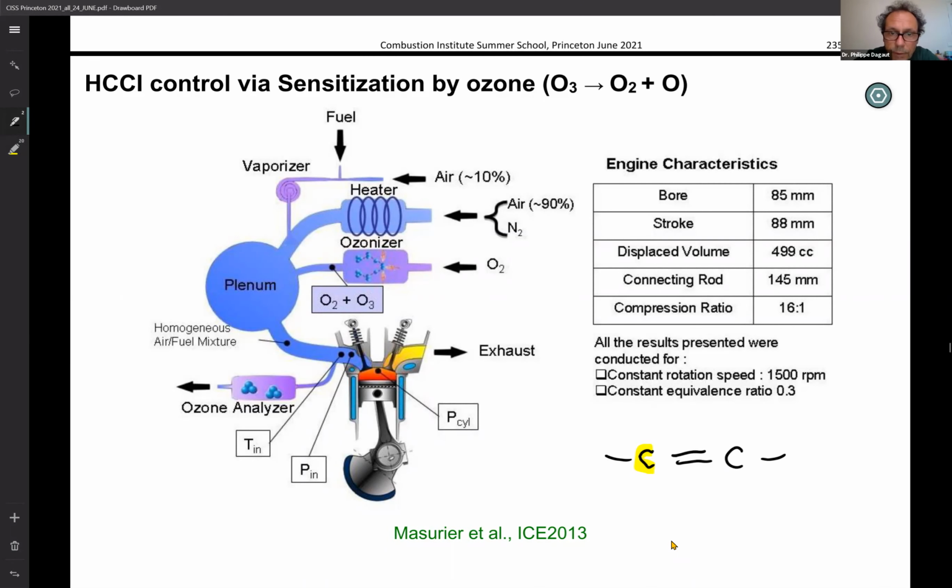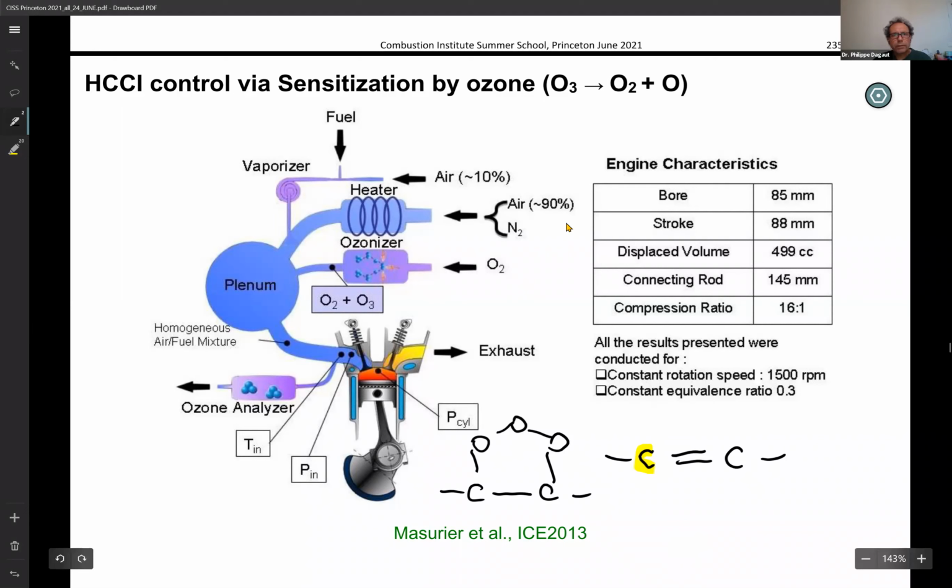And then you will get this ozonide, which will decompose and form oxygenated species. But when you have a normal alkane or branched alkane, this reaction cannot occur.